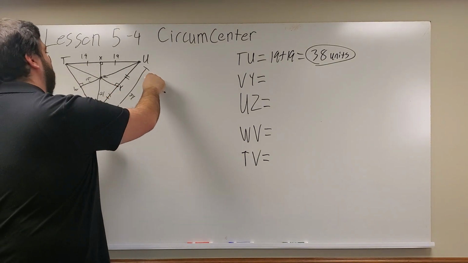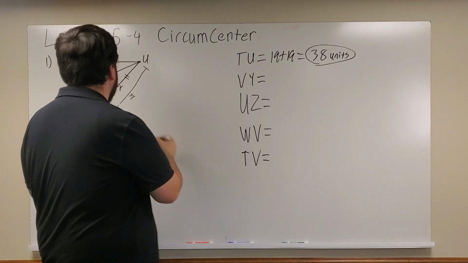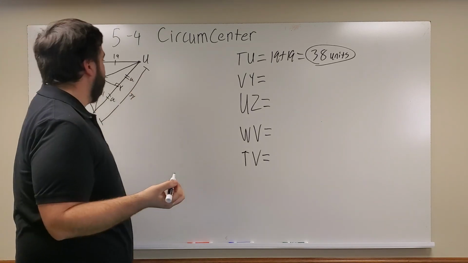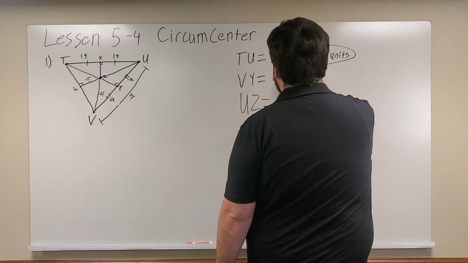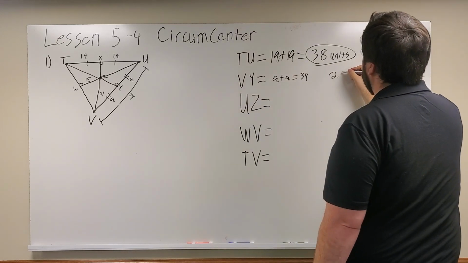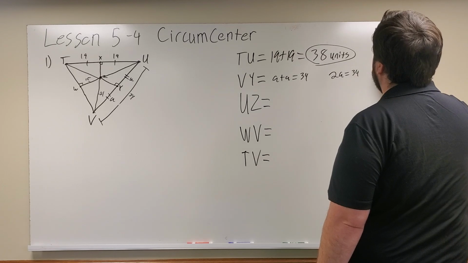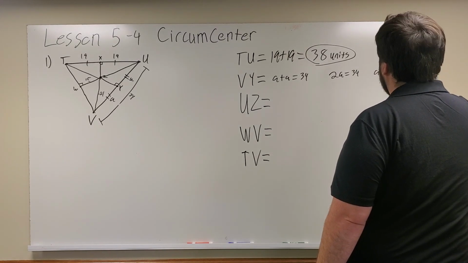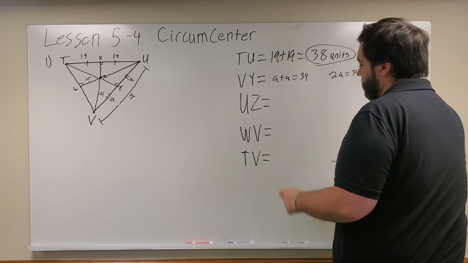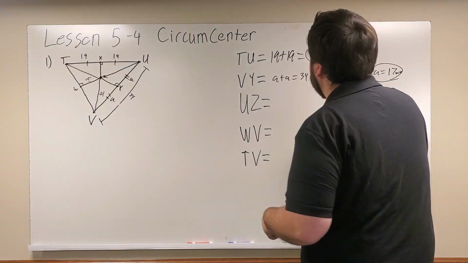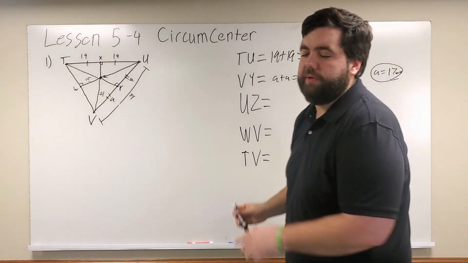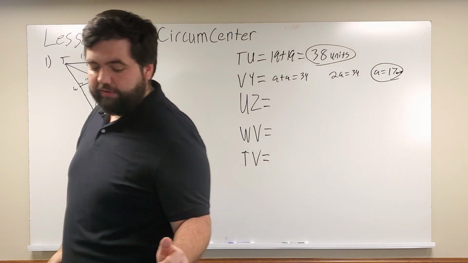And if we know all of this, it's as simple as saying this is going to be equal to A, and that's equal to A. So we say A plus A is equal to 34, which is saying 2A is equal to 34, which is saying A is equal to 17 units. So VY is equal to 17 units. Let's move on to the next one.